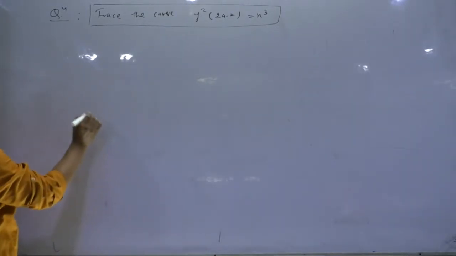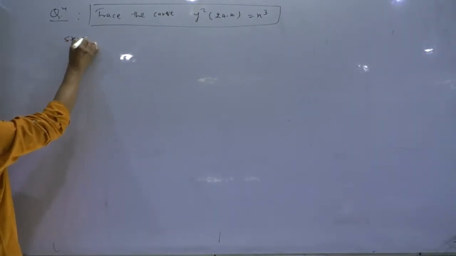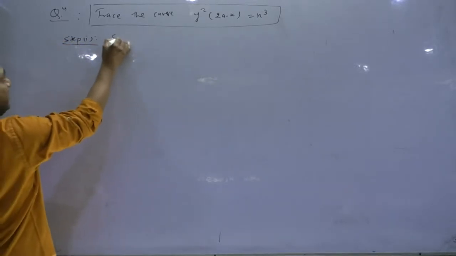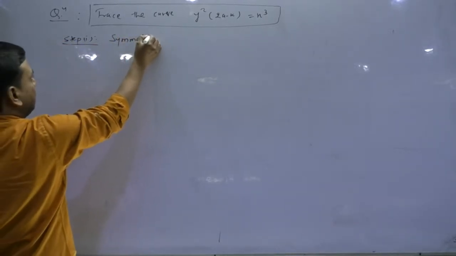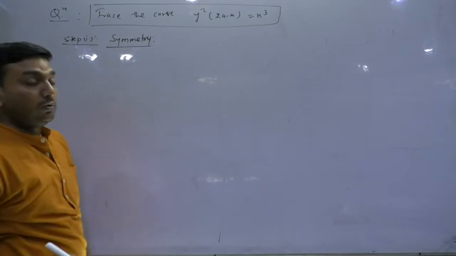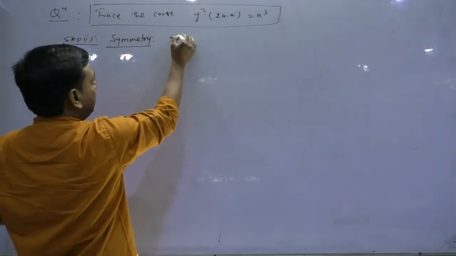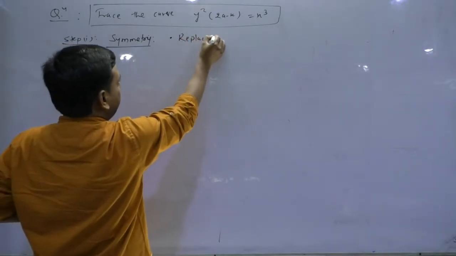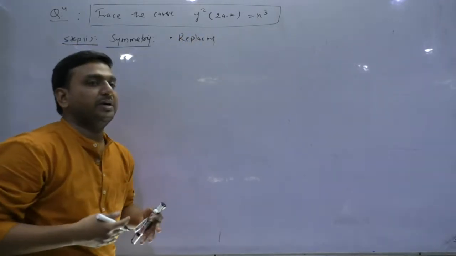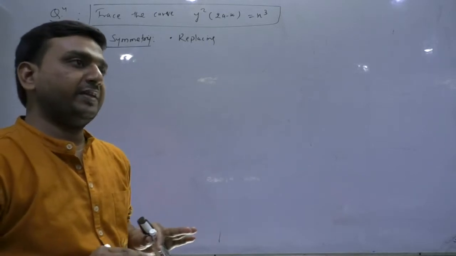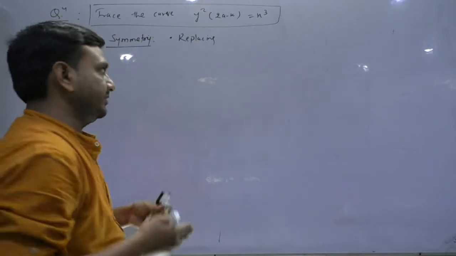So what is step 1? Step 1, symmetry. What I told you, symmetry. In the first example I am going to write everything, but from the second and third onwards it will be a habit.